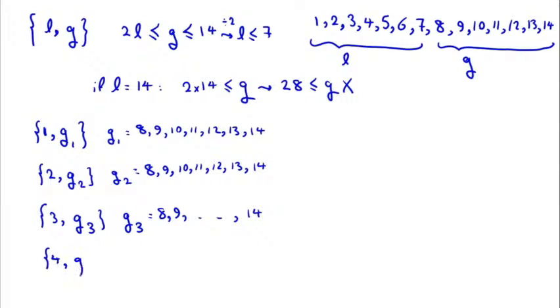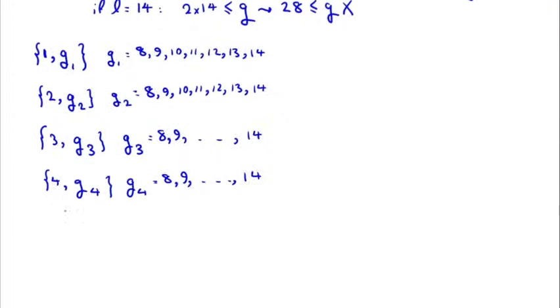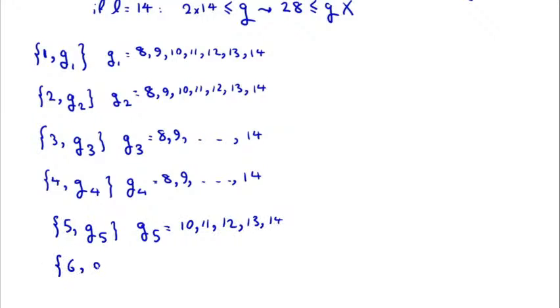If it is 4, G4, the greater one can be 8, 9 to 14 because it is 2 times this. If it is 5, G5 can be from 10, 11, 12, 13, 14. If it is 6, G6 starts from 12, 13, 14.